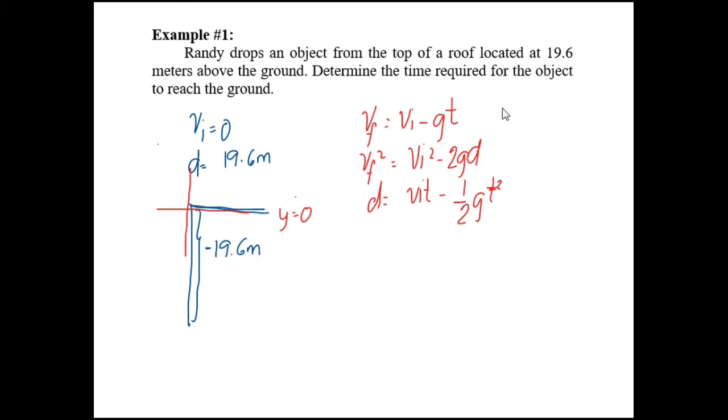Again, what we are looking for is the time required for the object to reach the ground. Can we use the first equation? We don't have the final velocity and we don't have time, so we cannot use this. Here, we have the distance, but we don't have the final velocity yet. So again, we cannot use this. Let's take a look at the last one.